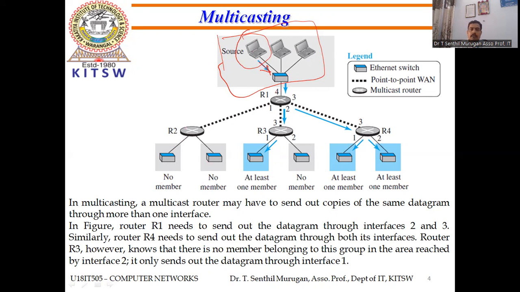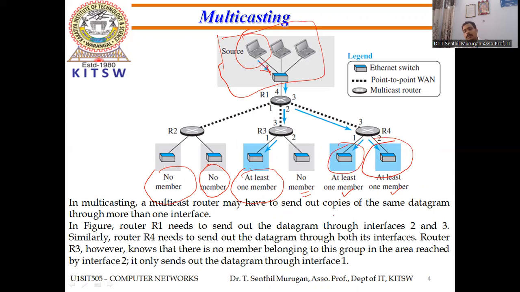See here, in this router two nodes are connected, but these two are not members. In this network, at least one member is there. Assume that in another network there is no member, and here there is only one member. So these members are in the particular group. This is one group, this is one group. Like that, you consider.